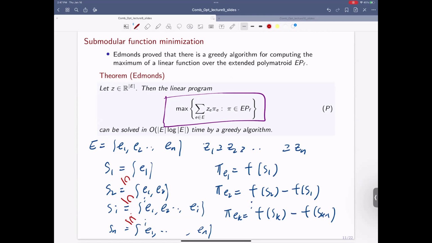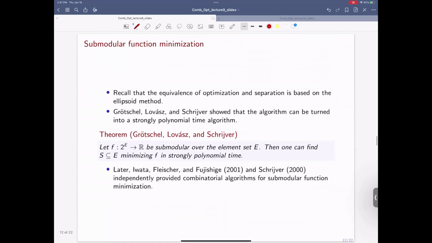In terms of computational complexity, this gives you a polynomial time algorithm. Even though the ellipsoid algorithm is used, it's not known whether there's a strongly polynomial time algorithm for a general LP. But for this class of submodular function minimization, there's a strongly polynomial time algorithm.